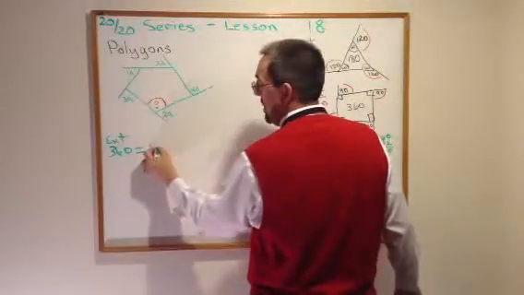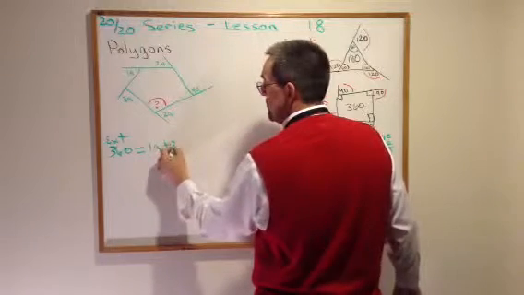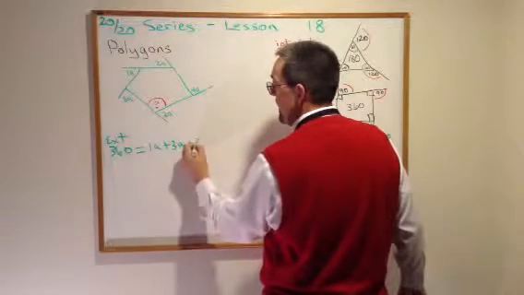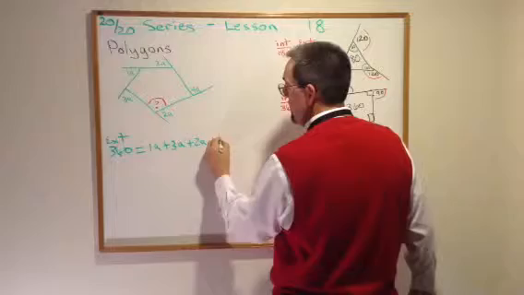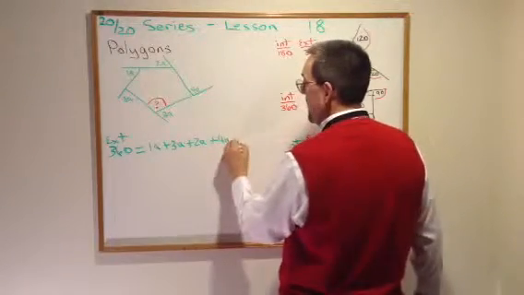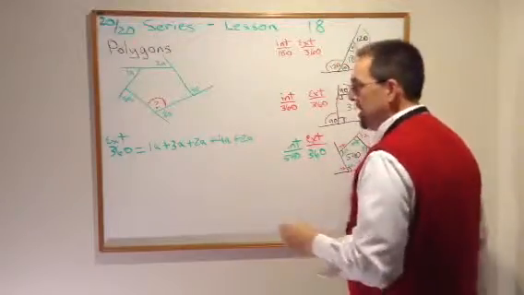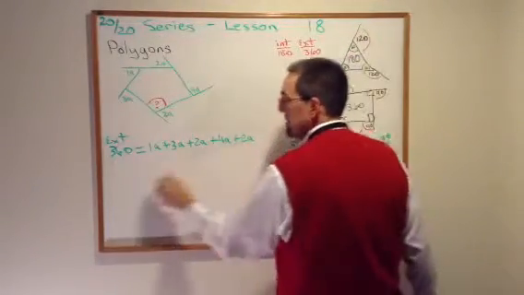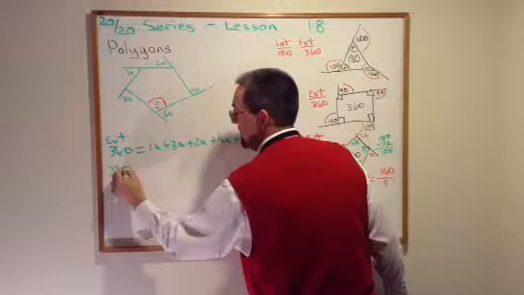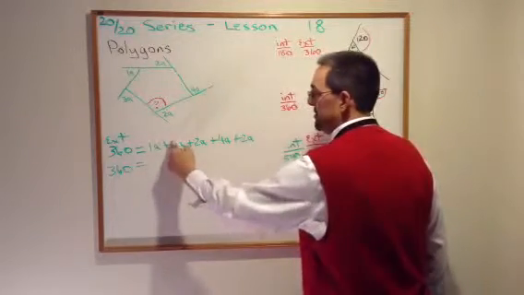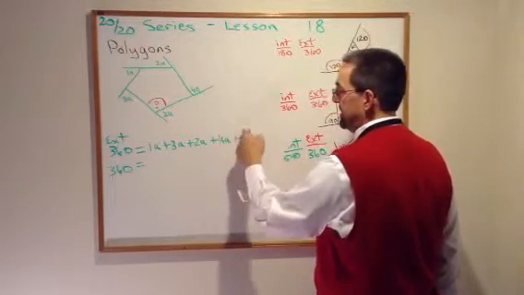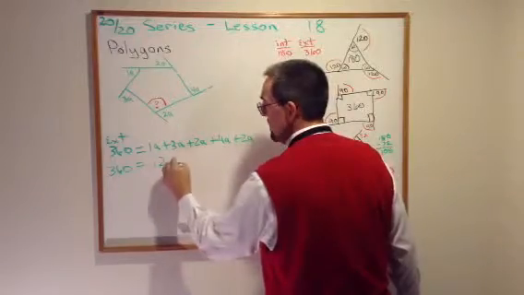Let's do it. 1a plus 3a plus 2a plus 4a plus 2a. 1, 2, 3, 4, 5. Good. These are all like terms. So 360 is equal to 1, 2, 3, 4, 5, 6, 7, 8, 9, 10, 11, 12a.